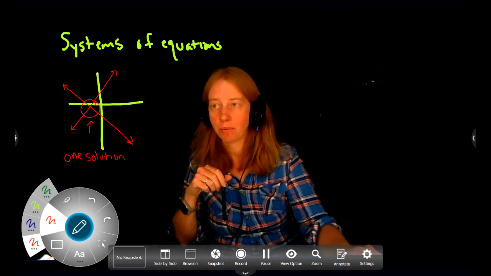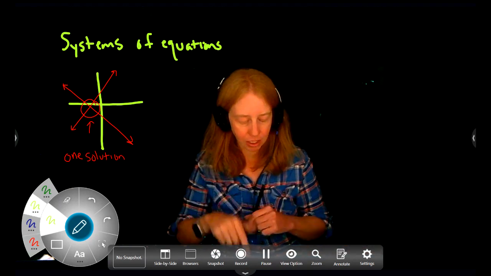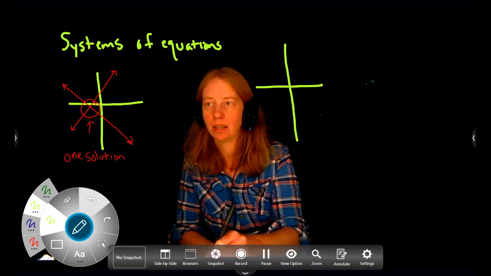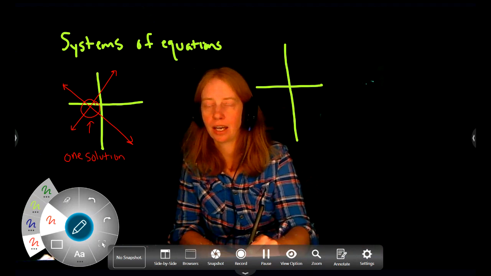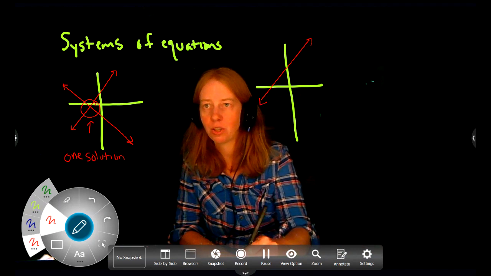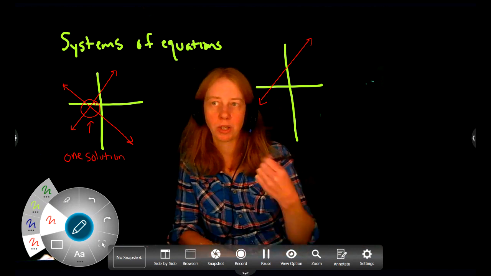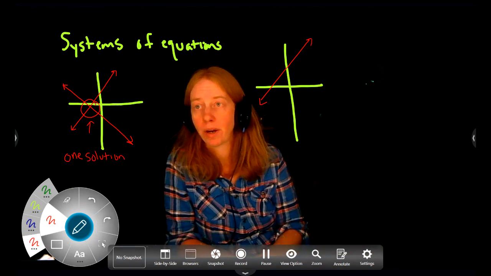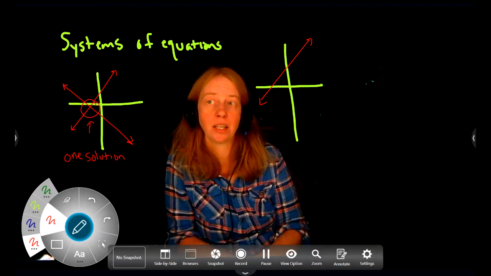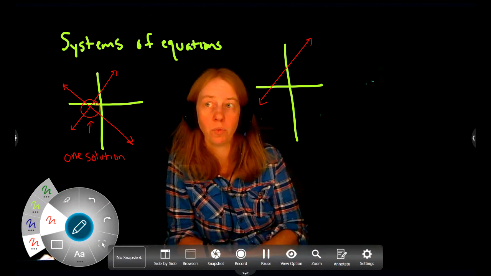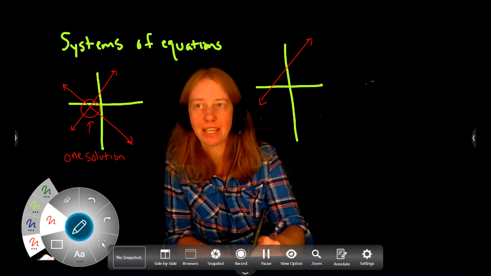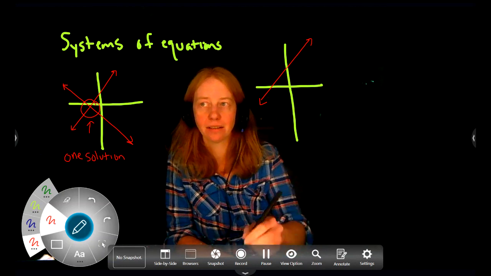Now, another example that we could potentially have is, what if we have a system of equations and we go to graph the first one and it's right here? We've maybe used slope-intercept form and we graphed it and this is what we got. And then let's say we had another equation given to us in point-slope form, which you learned yesterday or the day before, and you went to graph it and it ends up in the exact same spot, okay?